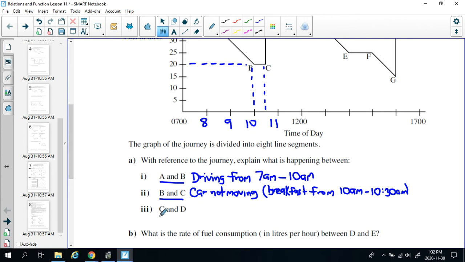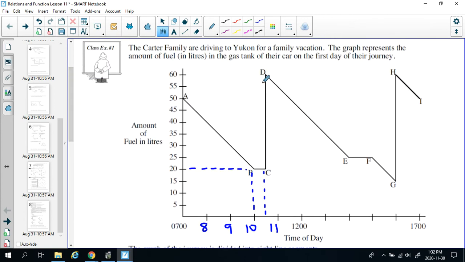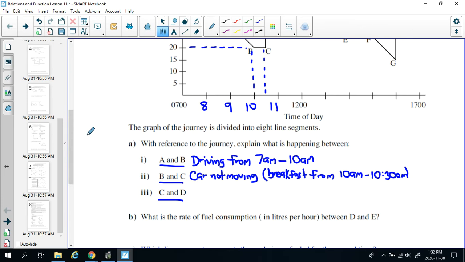Okay, now from C to D, let's look at what's happening here. We have this vertical line at 10:30. From C to D, the amount of fuel in liters in the car is going up. The only way that could happen is if they're adding fuel into the car. So maybe after they stared into space for 30 minutes, they finally decided to fill up their car.